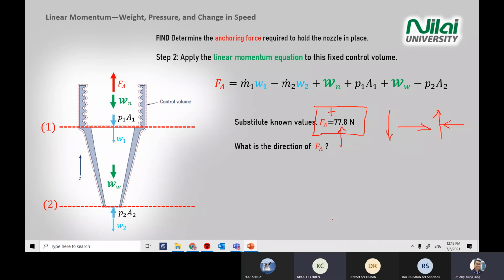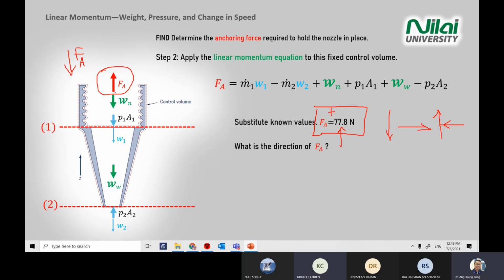Going up. Why is it going up? Because the arrow of the FA is pointing out. Yes, correct. And why is it pointing out? Why did we put the arrow going up rather than going down? Why is FA not going down? Because FA is positive.